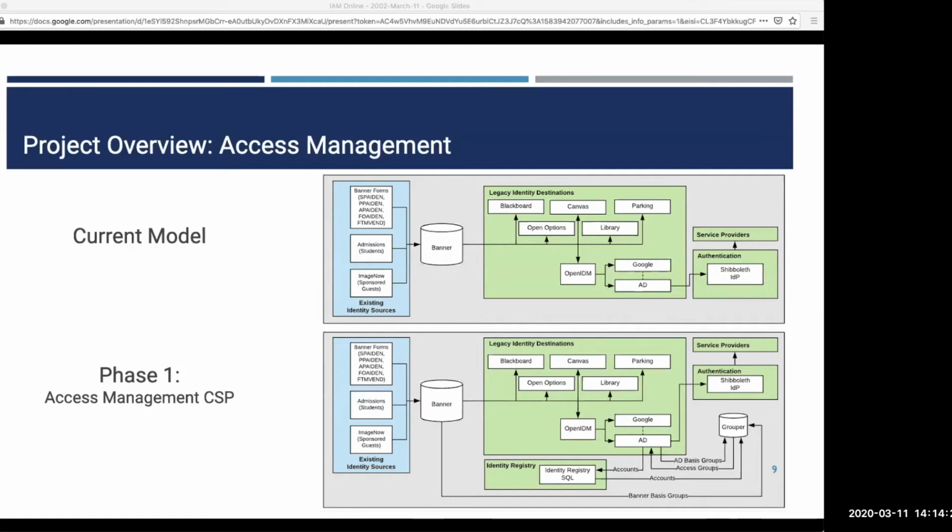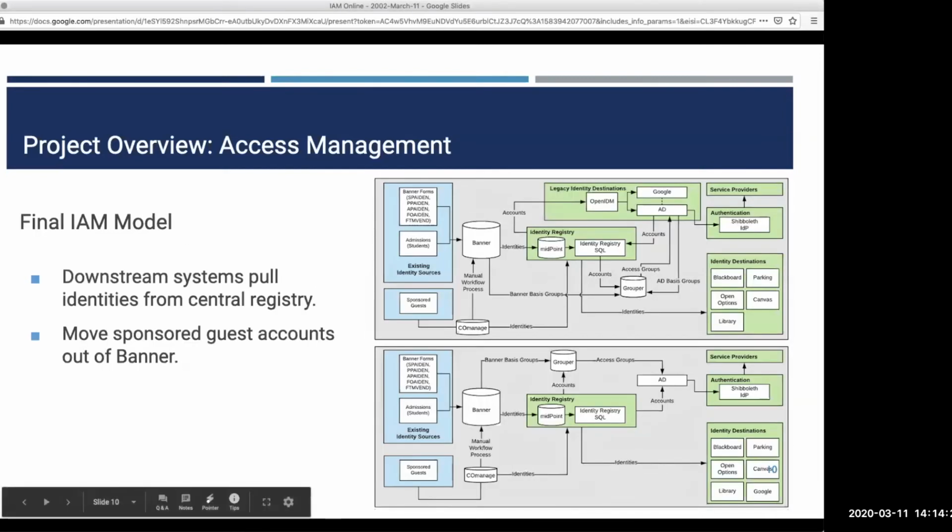And then the next slide is where we hope to be at the hopefully end of the year, or we're not exactly sure how long it'll take to get co-manage in the mix, but co-manage and Midpoint, Grouper, and Shib, pretty much all of the components are in the very last diagram there, and really getting people out of Banner that don't need to be in Banner is our ultimate goal, and providing better access management through Grouper and better visualization.